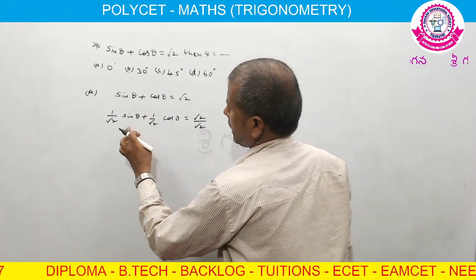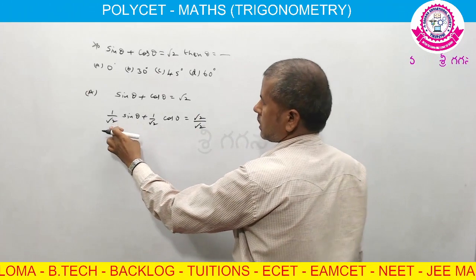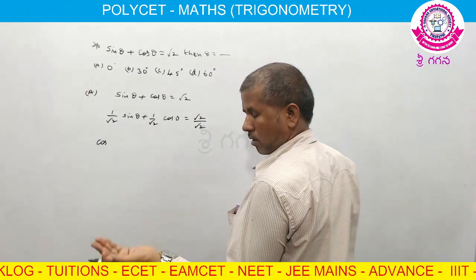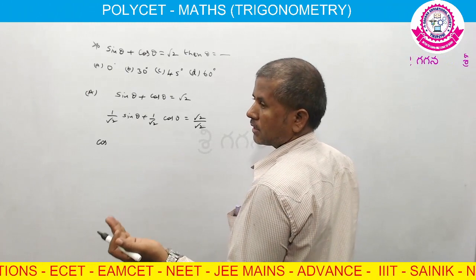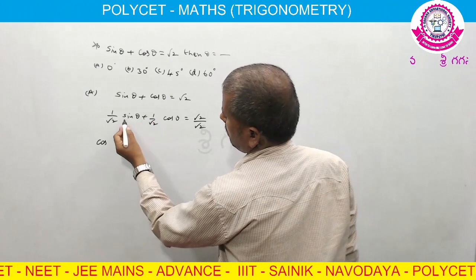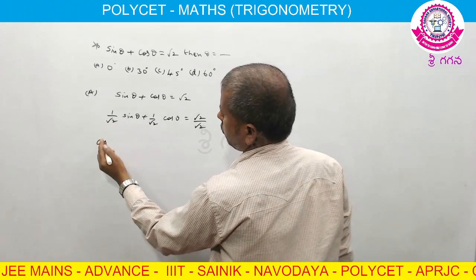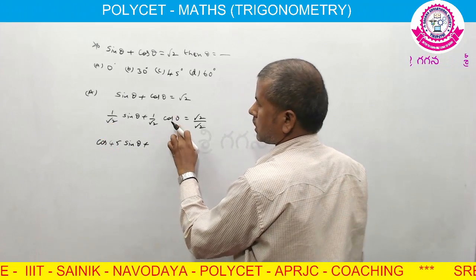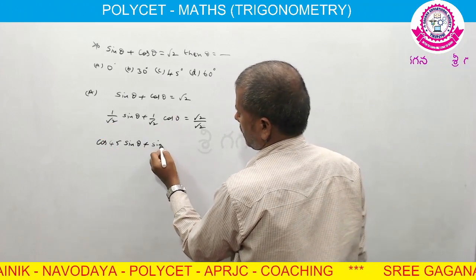We take the sin function here and convert into sin A cos B plus cos A sin B, which gives the sin of A plus B or sin of A minus B formula. Here, for sin theta take cos 45, and for cos theta take sin 45.